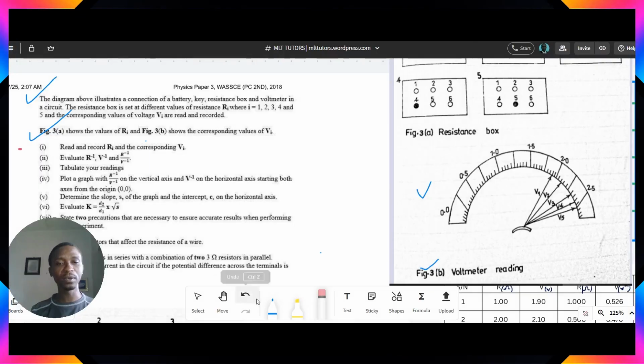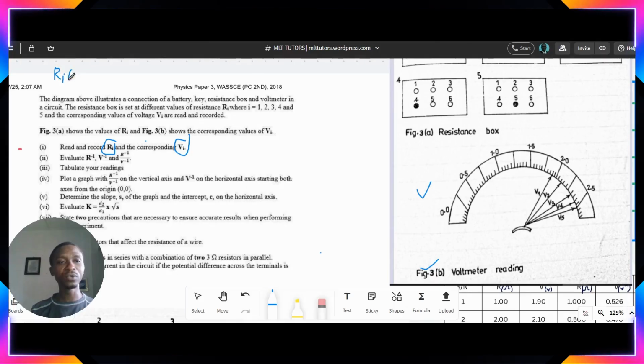In the first task, from our figure 1, we have to read and record Ri and the corresponding values of Vi. The moment the external exam tells you to read and record, you must know that it is going to your table. So definitely the first quantity or parameter we have on the table should be Ri, and this is resistance.